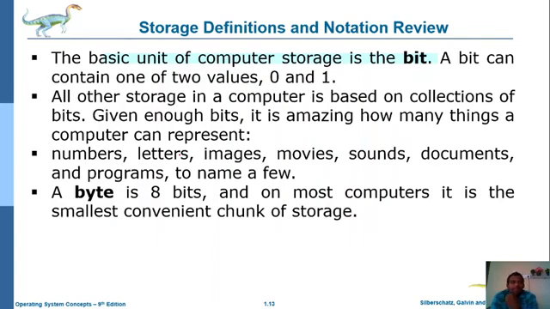Next, the storage units we use in computers are basically a collection of some bits, that is some bytes. Whenever we want to maintain data in computers, we use a collection of bits, also referred to as a byte.